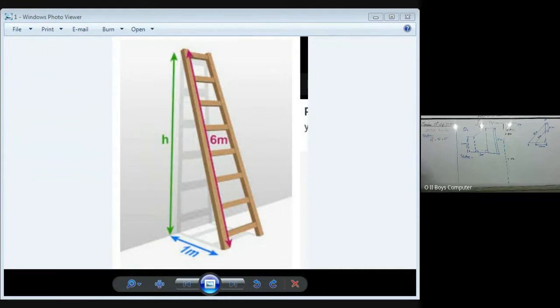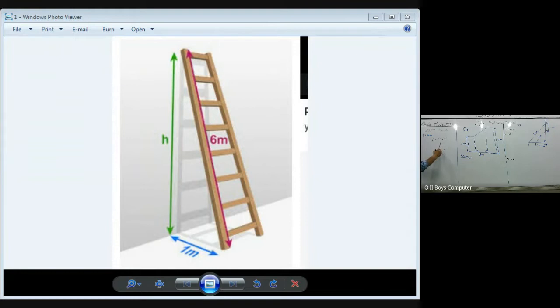In the picture in front of you, we have a ladder with a length of 6 meters, and the ladder reaches the height of the wall, and the base is 1 meter. So the distance between the base of the ladder and the foot of the wall is 1 meter.